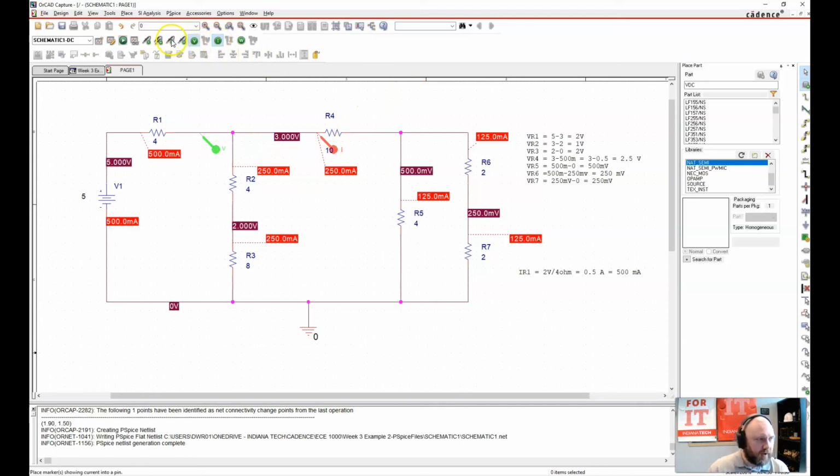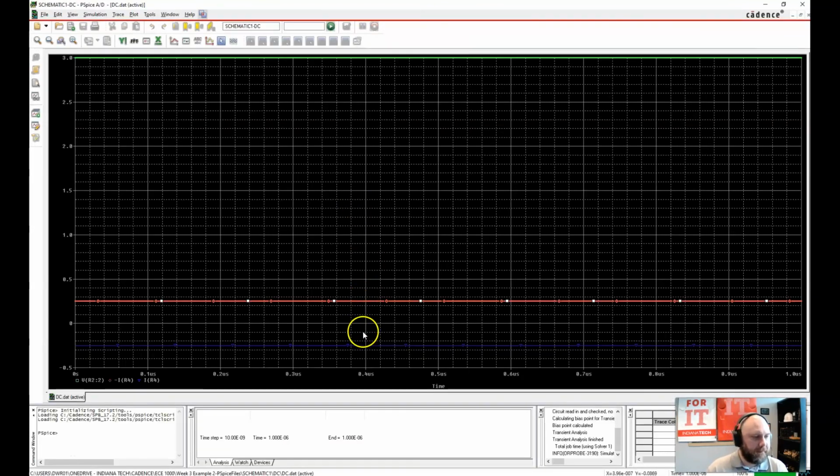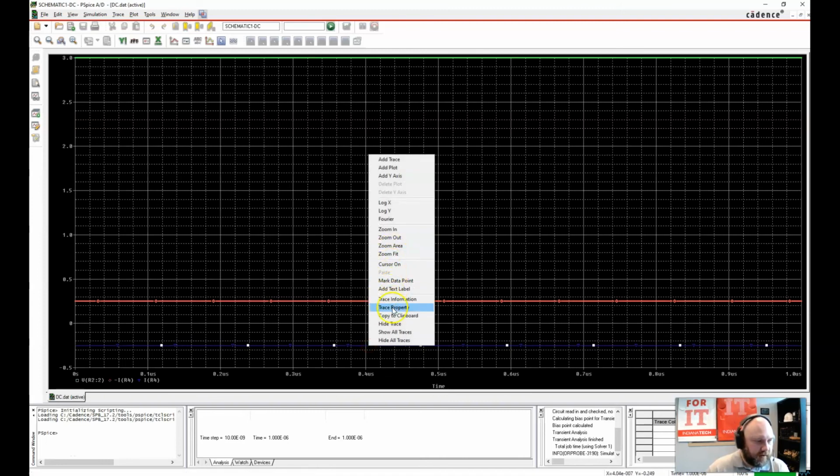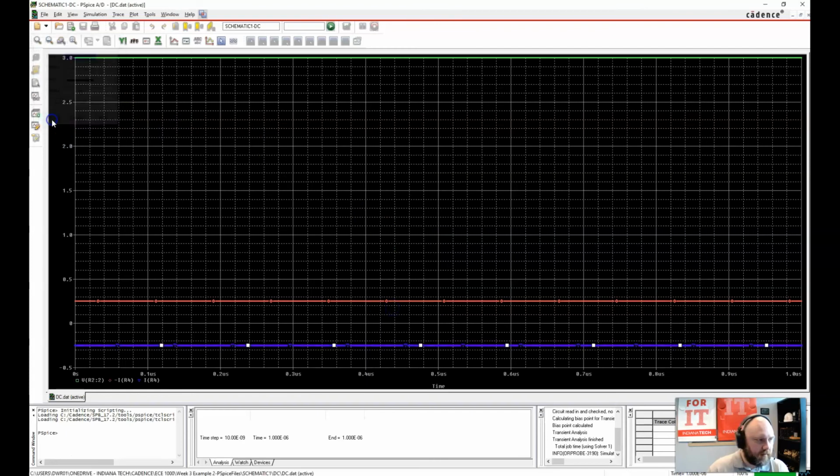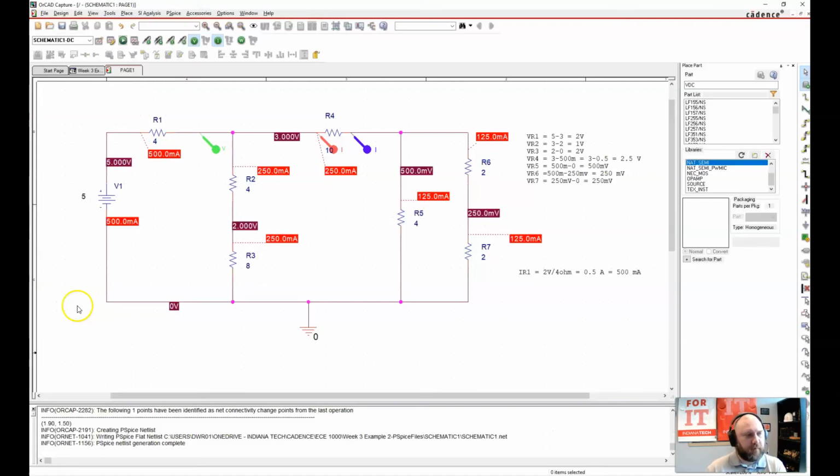Now I'm going to put another current probe on here. I'm going to put it on the other side here, and that becomes blue. Now, if I look at that, and I'm going to make that line thicker for us to see, that's negative 0.25. Well, that seems odd. Why is it negative if the current is 0.25?